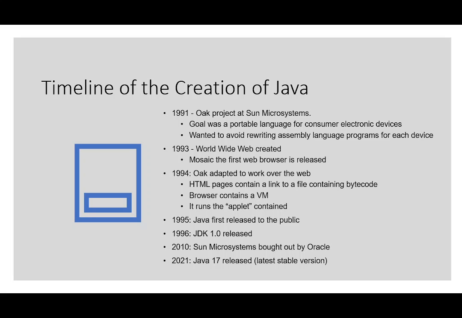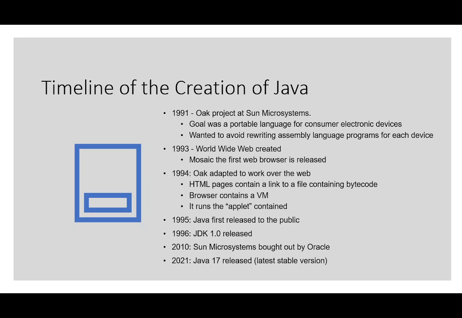But as they were developing that, in 1993 the World Wide Web was created, and they adapted to work over the web. The first initial creation of Java was to make HTML pages that contained a link to a file containing bytecode, and the browser would contain a virtual machine, and it could run Java applications in the browser, and it'd be the same on all different computers.